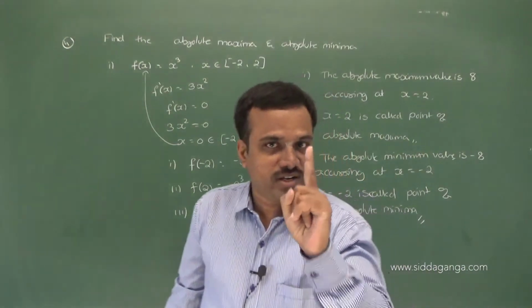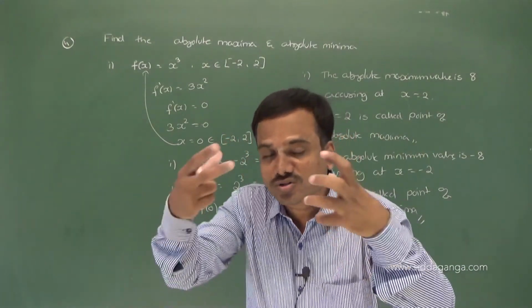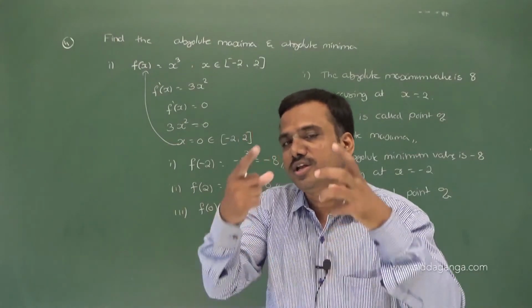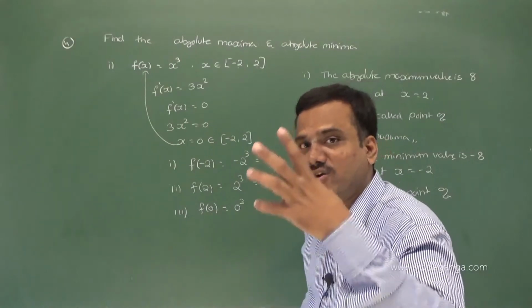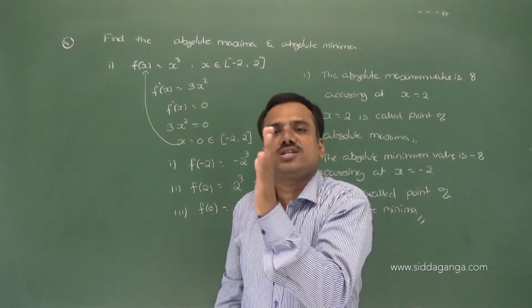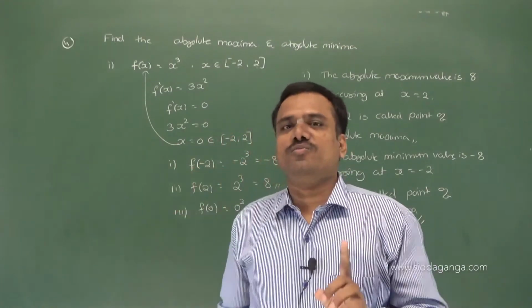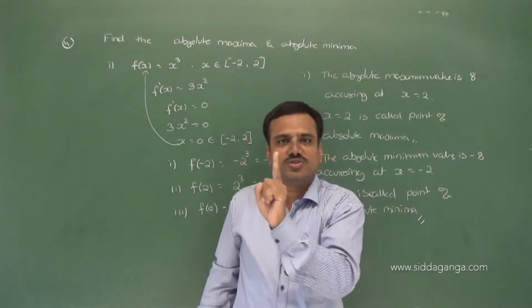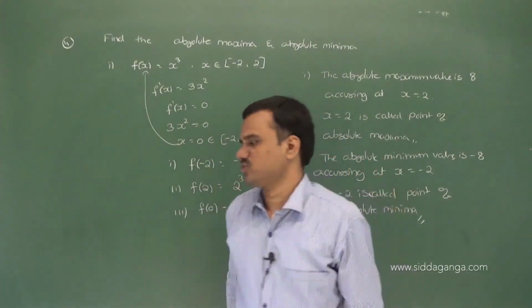Firstly, we find the first order derivative, equate to 0, find the critical points, and including critical points as well as end points, find the range values. The highest range value is called the absolute maximum value. The least range value is called the absolute minimum value. Clear? Next problem.